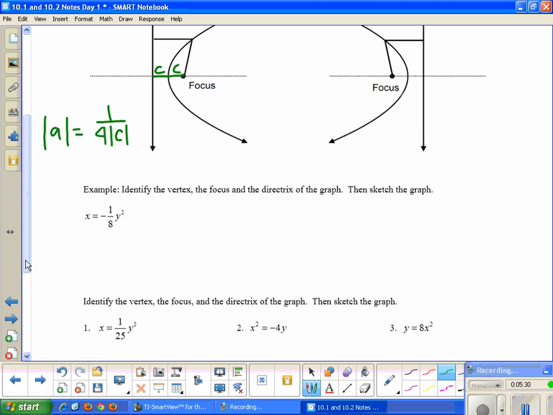So let's go to some examples. It says, identify the vertex and the focus and directrix of the graph, then sketch the graph. So for this, the first thing that I would do is look at the equation. It's x equals. Since it's x equals, I know that my parabola is going to open to the right or to the left. Well, in this case, my a value equals -1/8. Since it's negative, I know my graph has to open to the left.